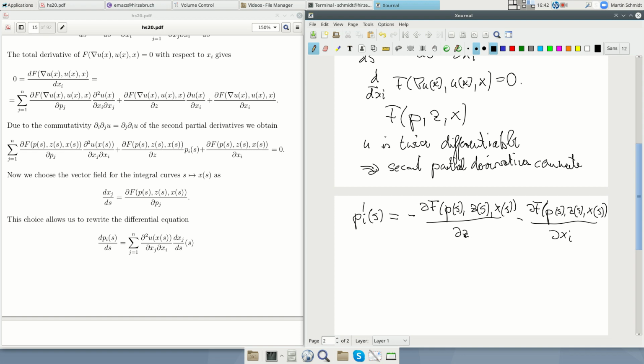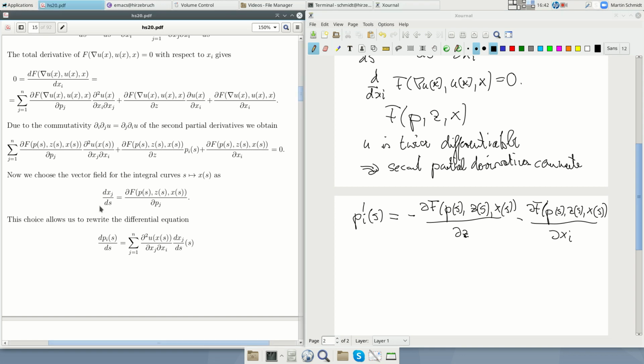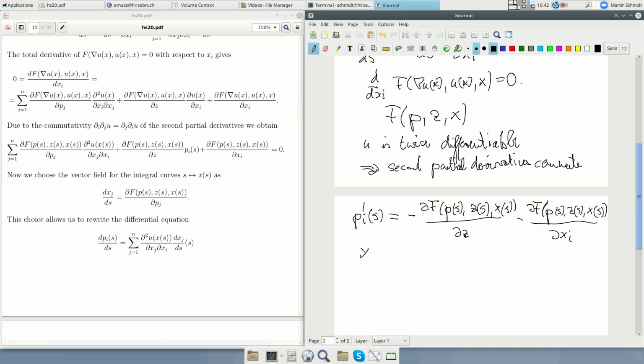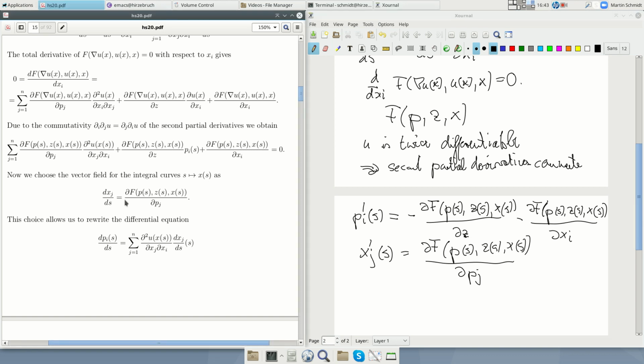So this is now this differential equation here. And before we already have chosen this, so we have x_j prime of s is equal to partial f of p of s, z of s, x of s divided by partial p_j. This is this equation.